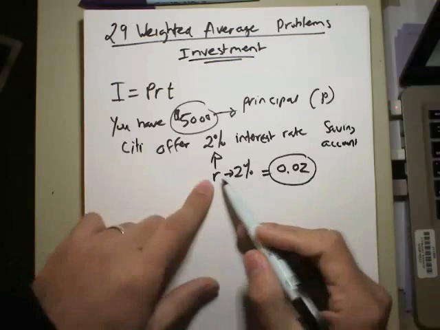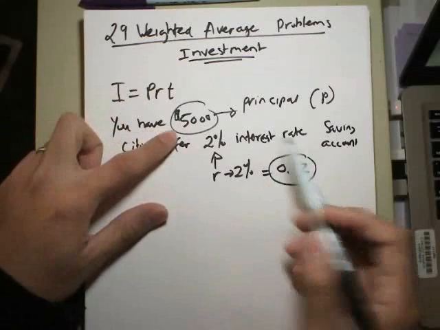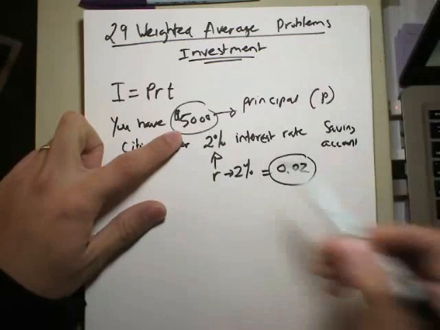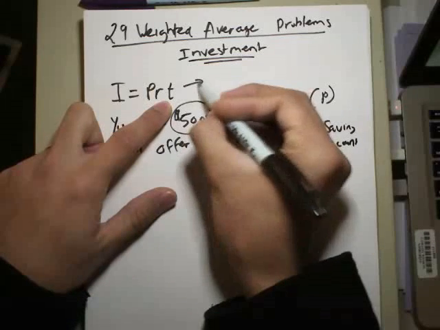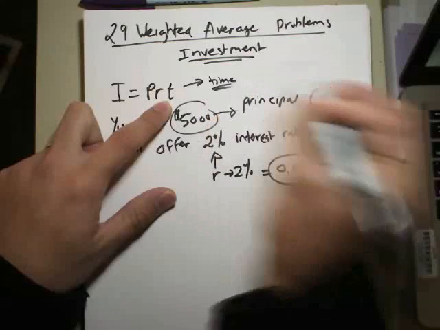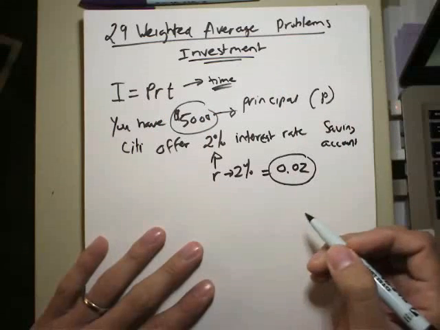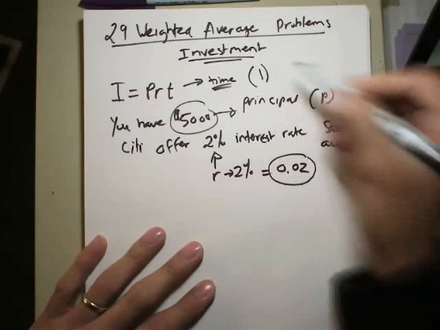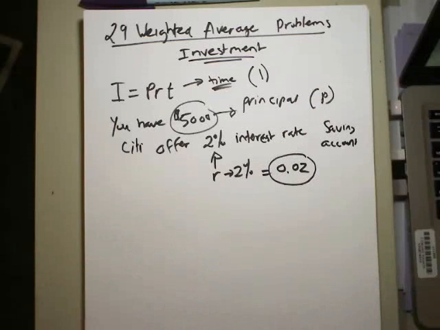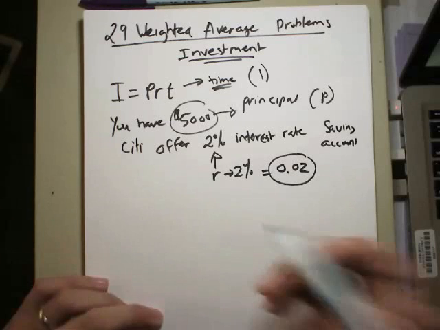So we have the rate, we have the principal balance, which is your initial amount that you put into the bank, $5,000, and T right here stands for time. In this case, I did say we're going to do simple interest for 1 year, so the time will always be 1 year. It's going to be a 1, so we don't really care about it because 1 times anything is just itself.